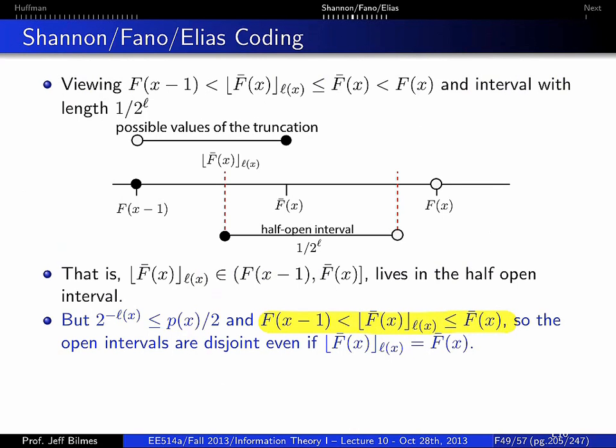So what this means is the following. This guy here, 2 to the negative L, can't be greater than p of x over 2. It's a half-open interval on the right. The biggest possible value of him would be f bar. We're open on the right, so the farthest to the right this could be would be here, which is open, which is the start of the next guy over here, starting with f of x.